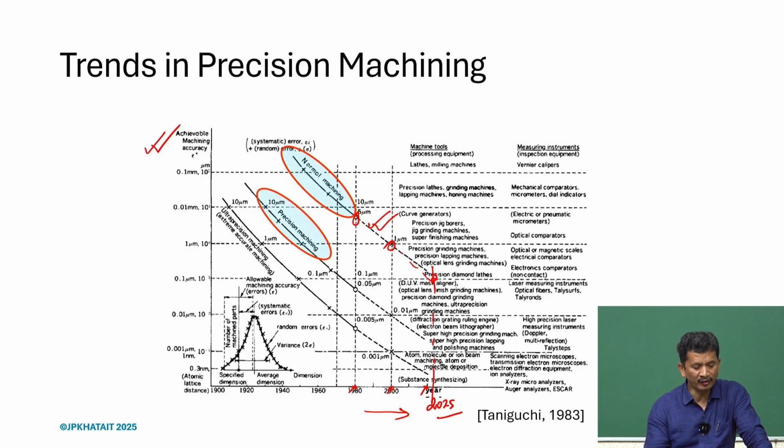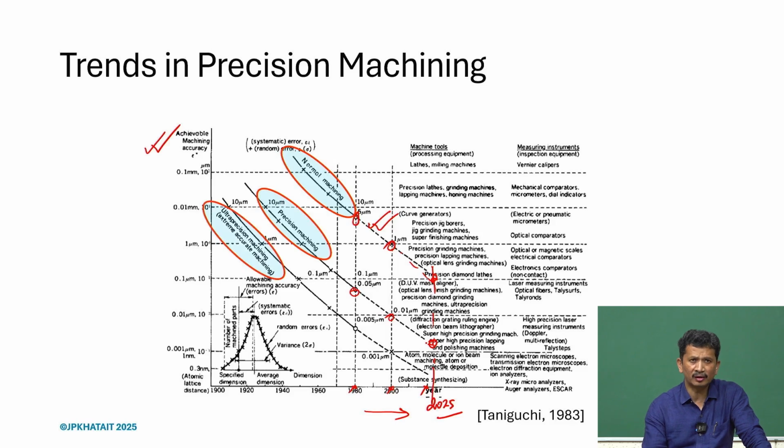Now when we say precision machining, this was 0.05 micron in the 1980s. In 2000, it's 0.01 micron. Now you can think of where it's going: very high, towards nanometer. So we are already talking about the sub-micron level when we are talking about precision machining.